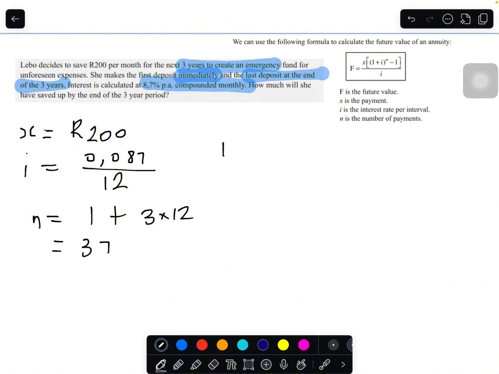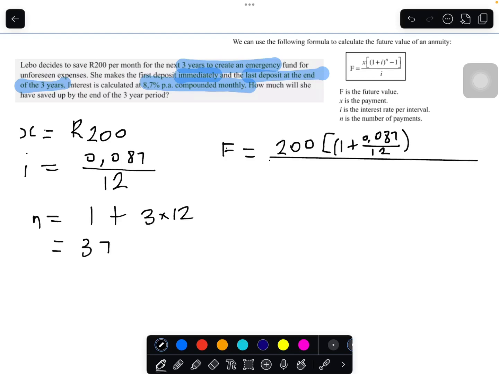I'll have F equals X is 200. Let me just put my fraction line here. X is 200, open brackets, 1 plus 0,087 over 12.